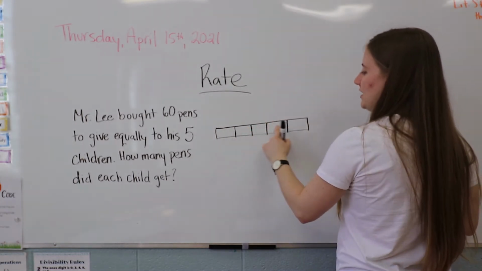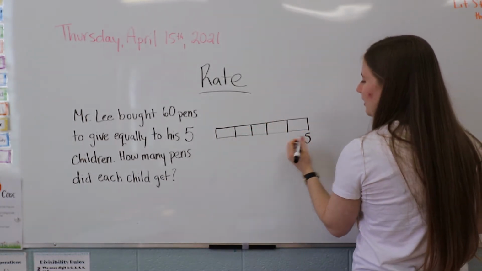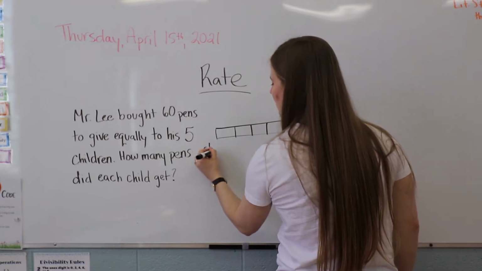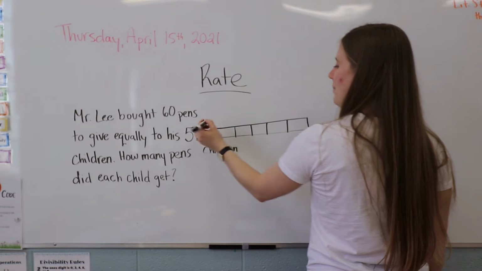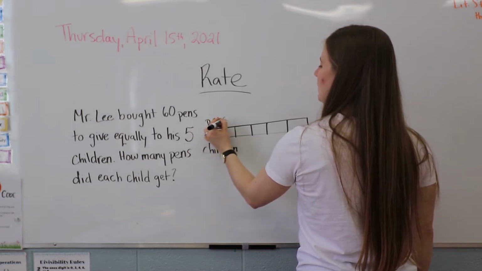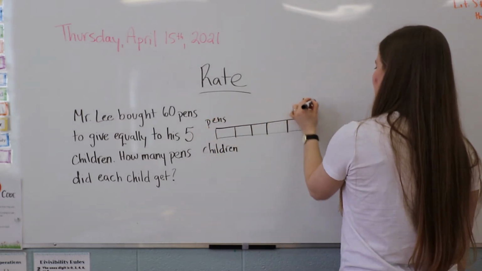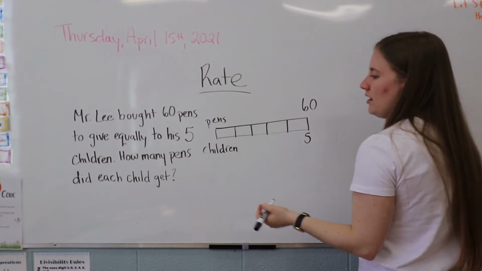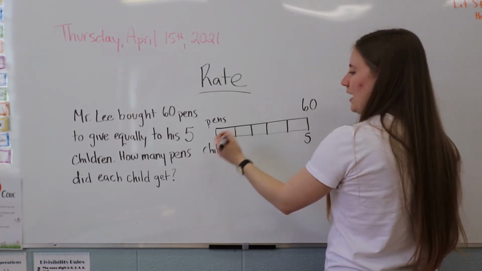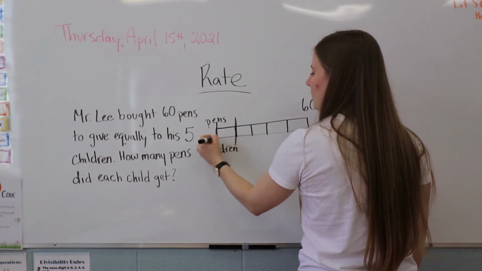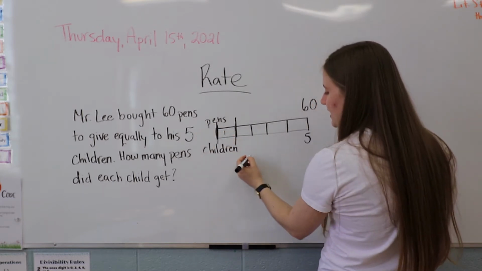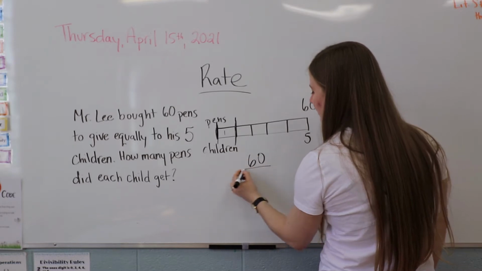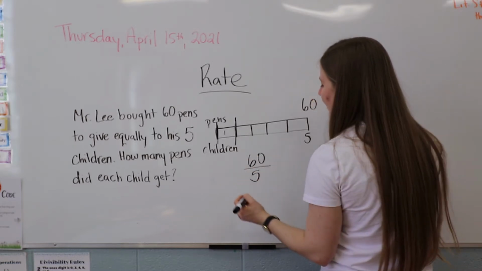So I have 5 boxes for my 5 children. I'm gonna put children on the bottom because the rate on top is pens. We know that there are 60 pens to give to the children, okay? In order to find out how many pens one child is going to get, we have to take our 60 pens and divide them by 5, okay?